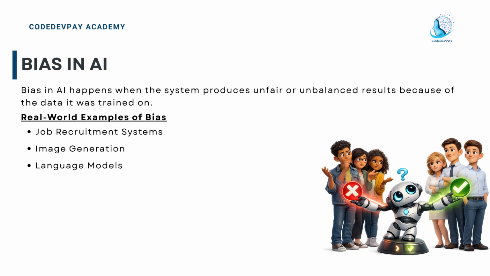So here are some examples of bias that we can talk about. Number one is job recruitment systems. Some AI tools used for hiring may favor certain genders and also prefer candidates from specific backgrounds.